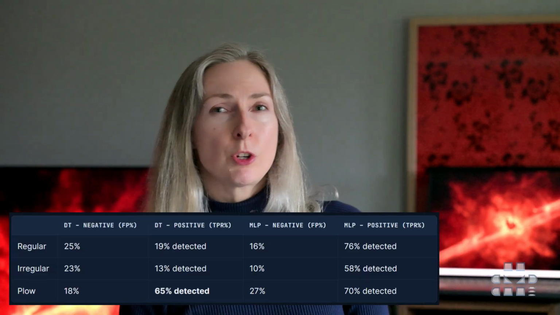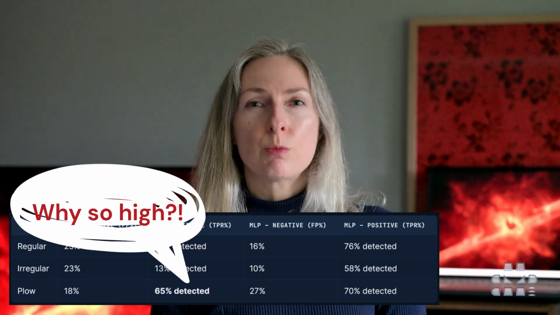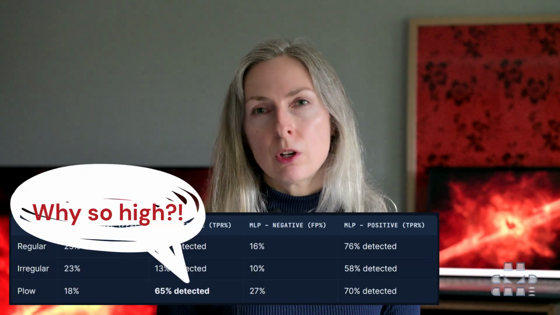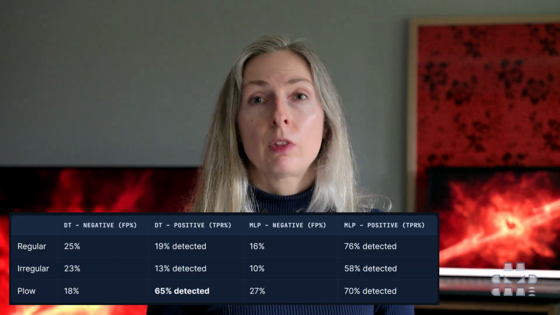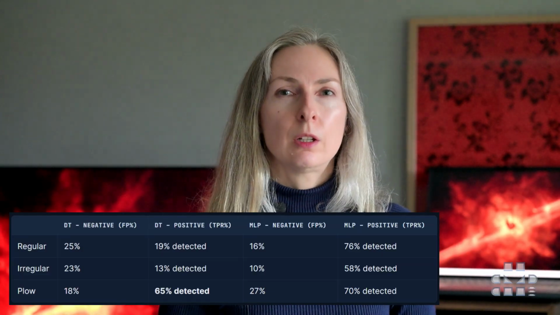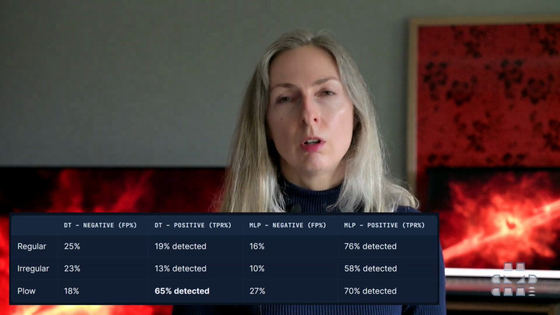In the table that shows the results, you will see that the decision tree performs unexpectedly well on the most challenging of the three trains, the plow train, but the high true positive rate is not a sign of generalization.